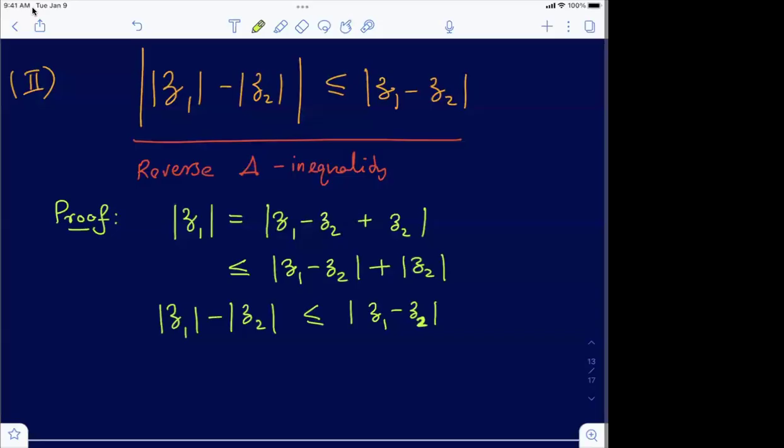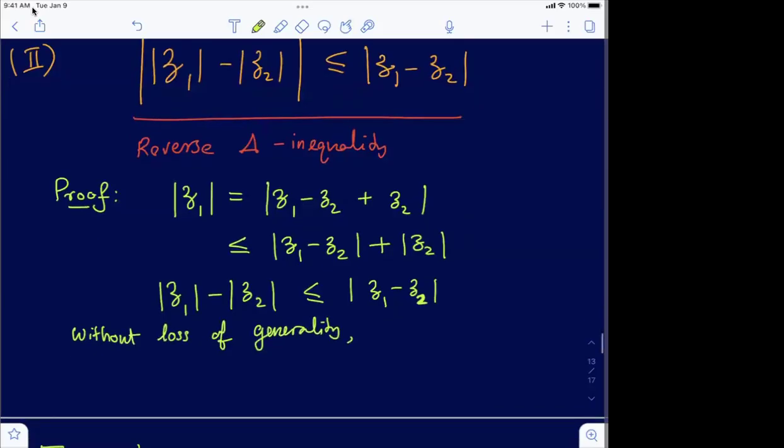So if I just have the same formulation, I can say without loss of generality, one can say it this way, Z2 minus Z1. If we consider Z2 minus Z1 with the absolute values on the left side, that would be again the same thing as interchanging the two on the other side. But then don't forget, you're considering the modulus here.